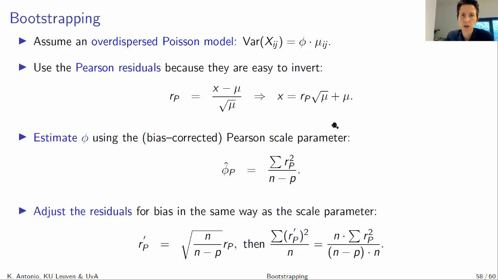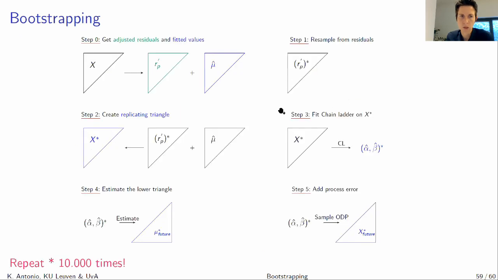That is the relation that I displayed over here. If I give you the residual, and you combine that with the fitted value for mu, then you get the corresponding incremental claim amount. We're going to do this by shuffling around these residuals.